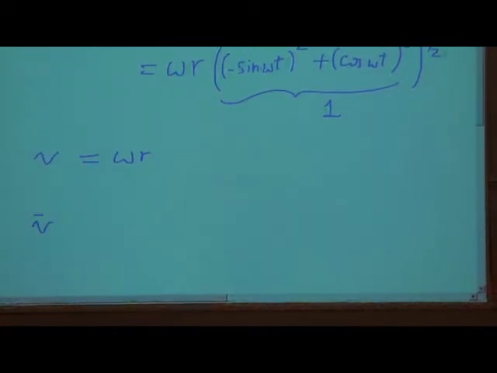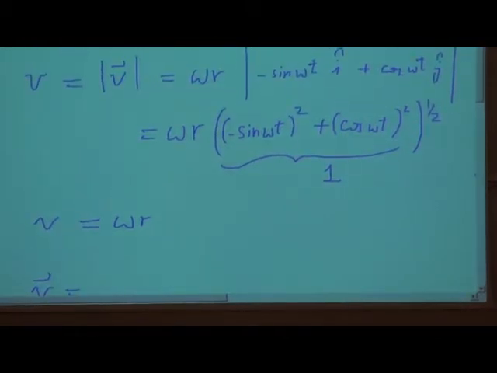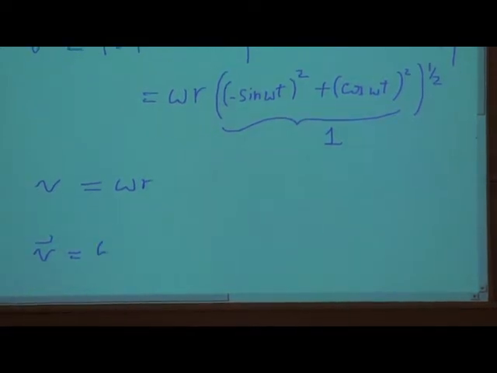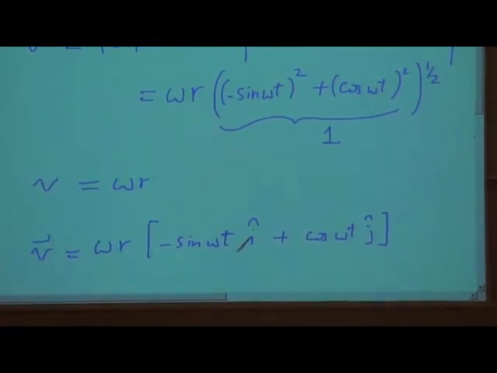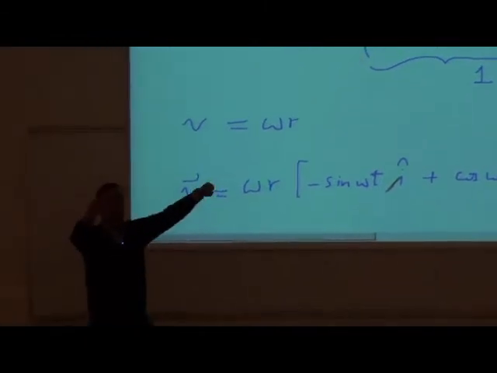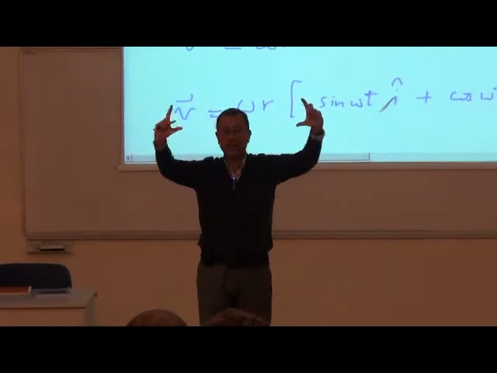And the vector itself, what was the vector itself? It is omega r times this. I have just shown that this stuff in the square brackets, minus sine omega t i plus cos omega t j, has length 1.